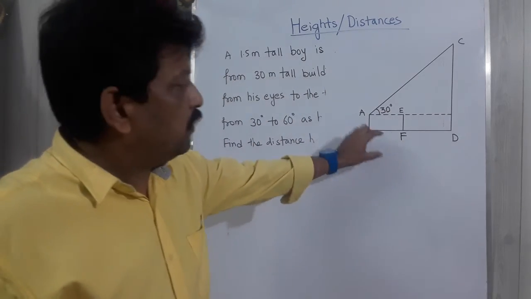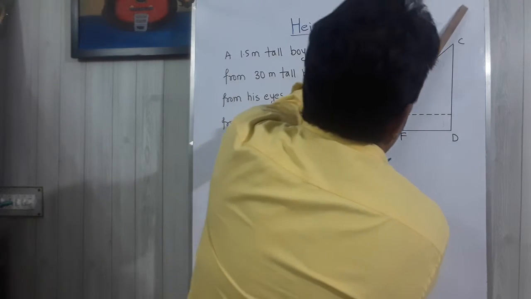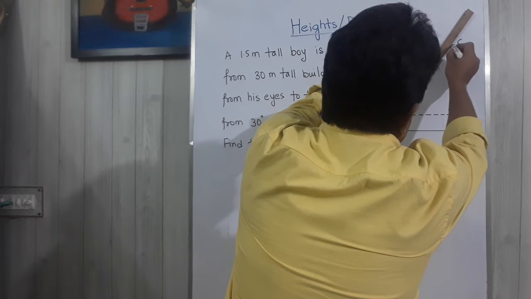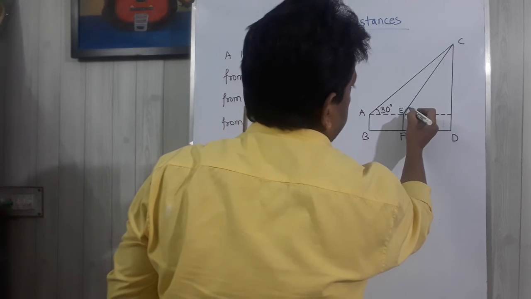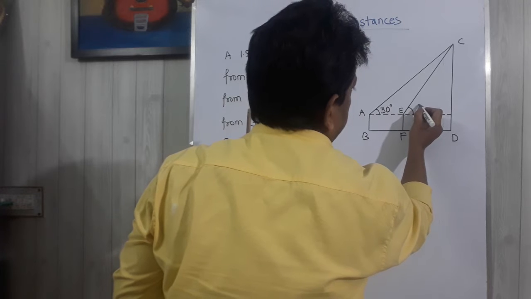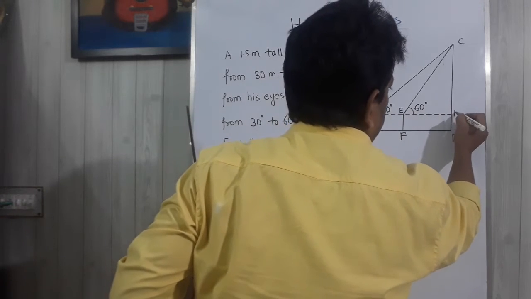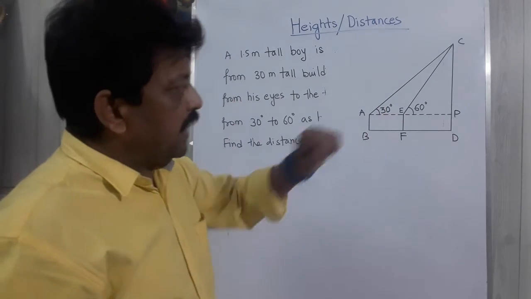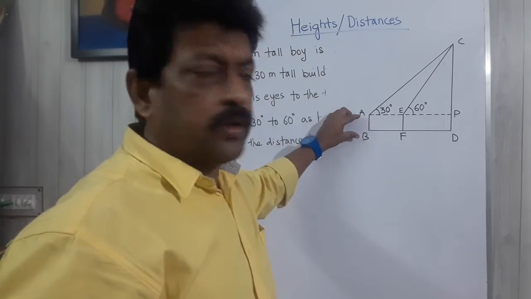EF is the position of the boy, and from this position, when he looks towards the top of the building, the angle of elevation becomes 60 degree. So this is the angle of elevation at this point, which is 60 degree. Let me give a point here named P. Okay, so the diagram is complete now. CD is the building, AB is the boy.